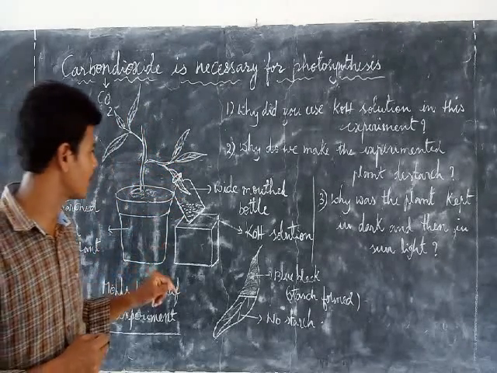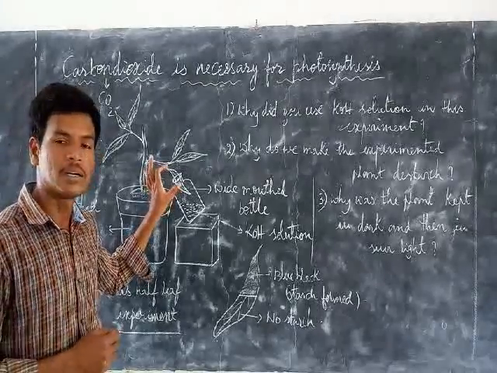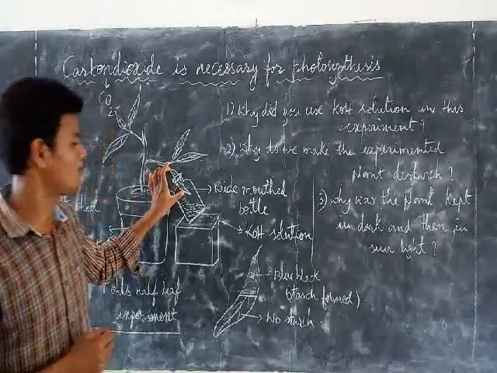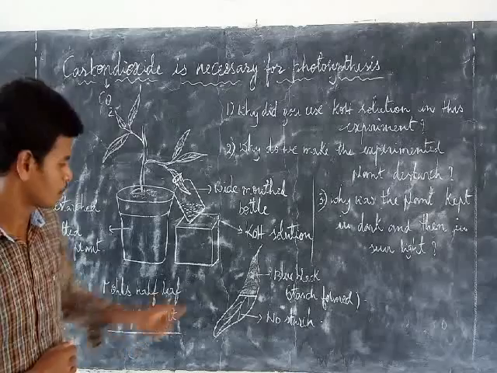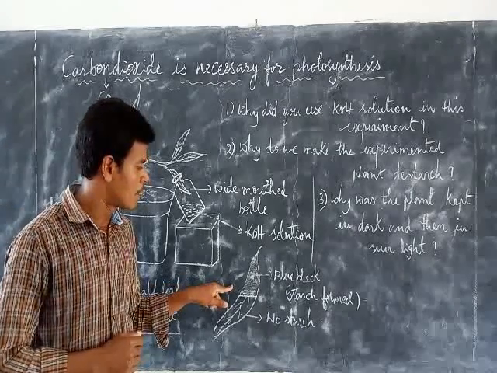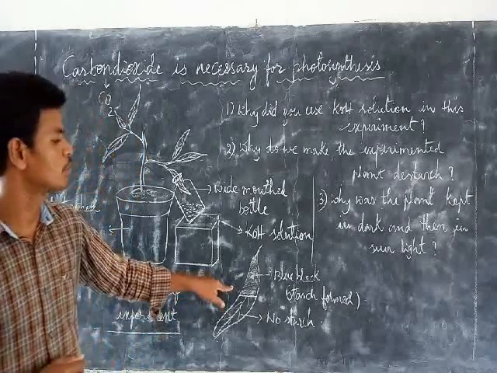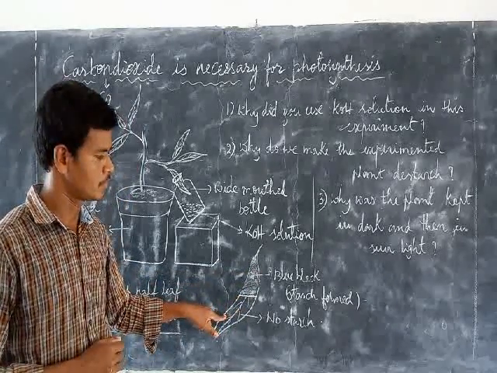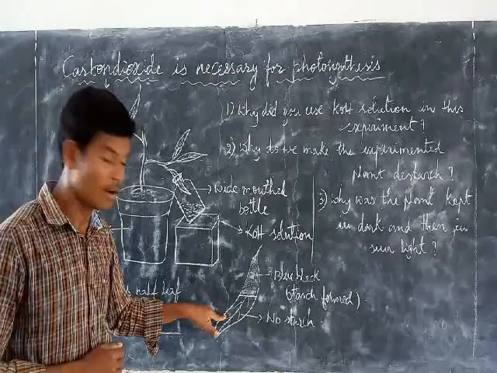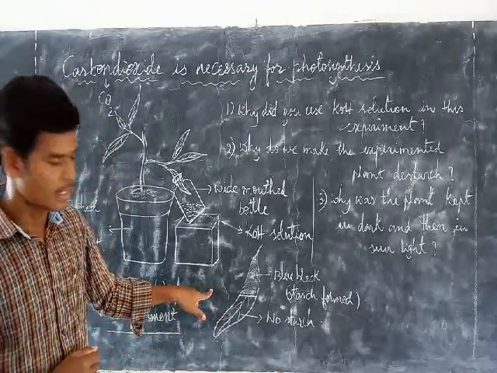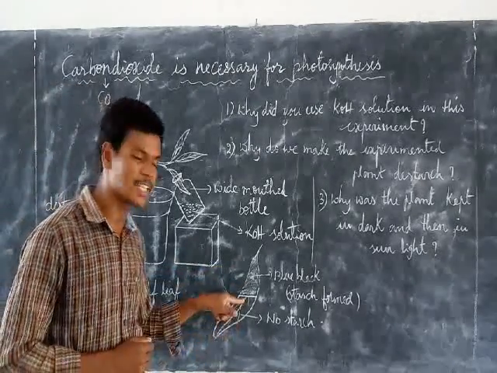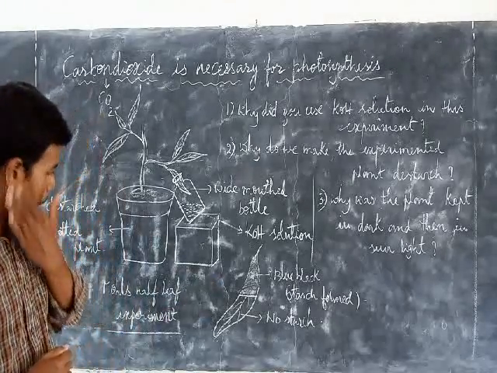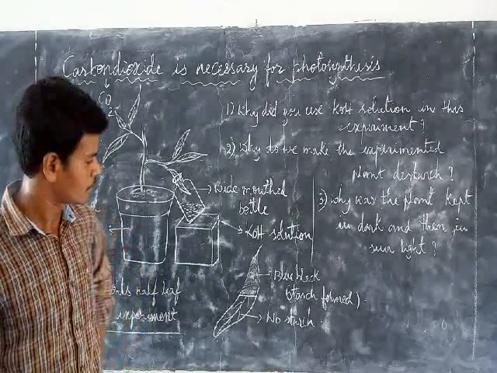So if you take that experimented leaf for the next process and add a few drops of iodine solution on it, what will you find on that leaf? Is there any color change in that experimental leaf? Yes, there is a color change.